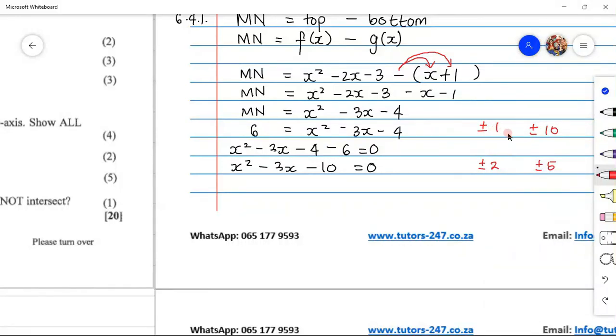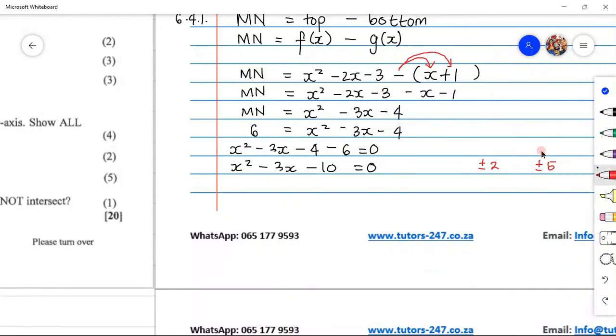If we were to add positive 1 plus positive 10, that will give us positive 11, which is not what we want. We want negative 3. If we were to add negative 1 plus negative 10, that will give us negative 11, which is still wrong. If we were to add negative 1 and positive 10, or positive 1 and negative 10, it still will not give us negative 3. So we can get rid of those factors, they don't work.